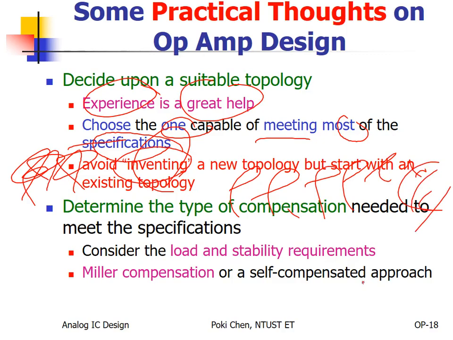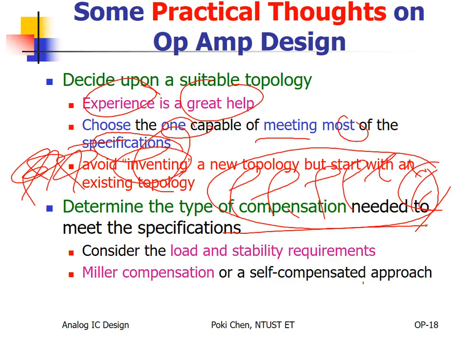Even a very experienced analog IC designer chooses the typical one and then modifies it a little bit. That's it. Don't believe in yourself too much, because from the history of humankind's design, we have proved it already. Almost 100% of new structures are nonsense. They don't work at all.